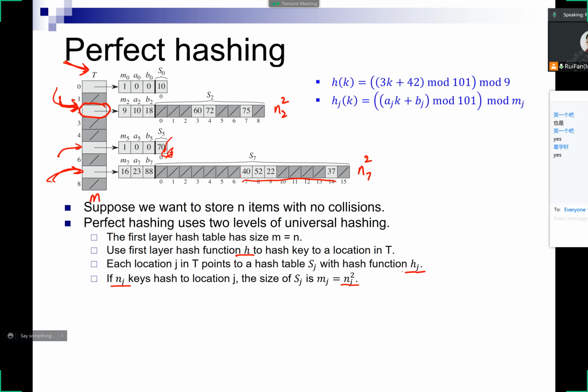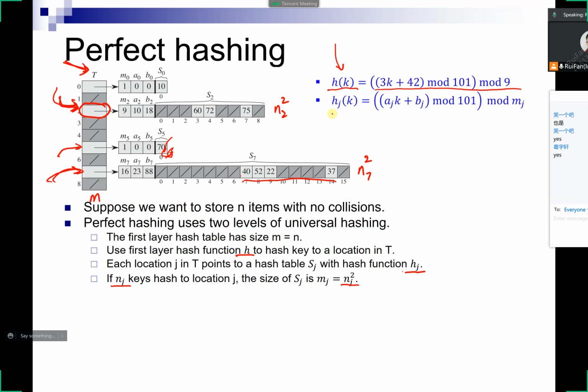Once we know the sizes of all of these hash tables, the top level and all of the second level hash tables, then we can define universal hash families for these table sizes. For example, in the example that I'm showing, the top level hash function is this function, which is chosen from some universal hash family.